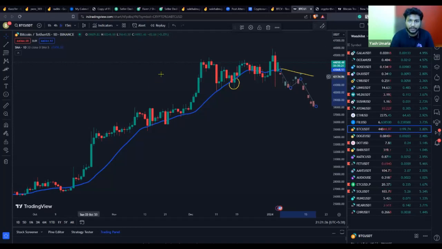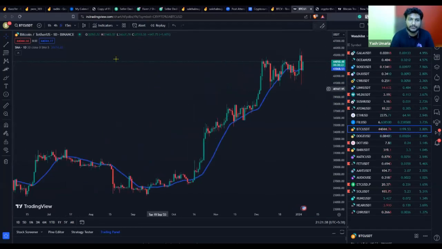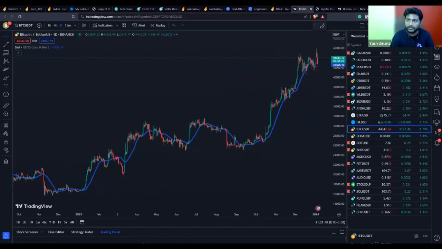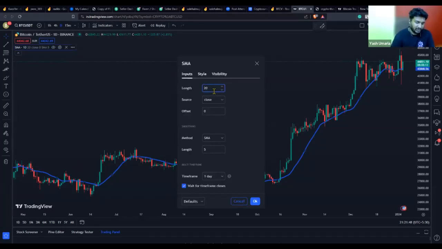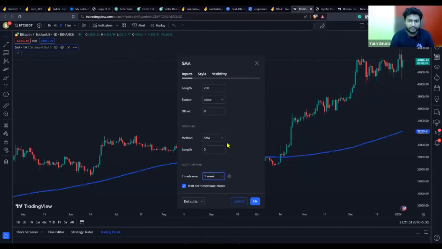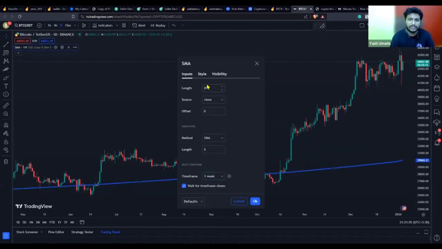Again, the next topic, let's talk about it, because we do have time and we are still talking about moving averages. So the next one is the 200-week moving average. Now, the 200-week moving average is not that important for traders, but let me explain it to you. I have changed the length to 200. I have changed the time frame to 1 week.